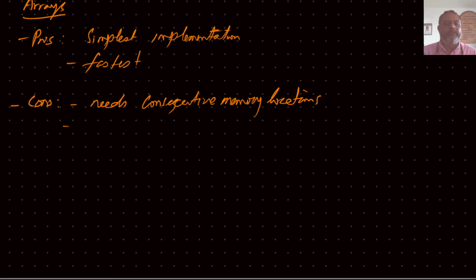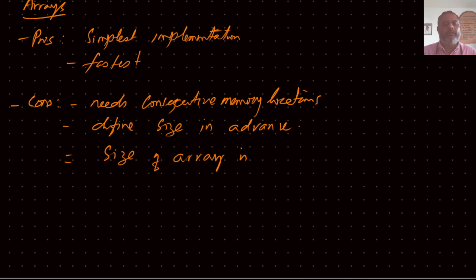Second thing is we need to define size in advance. That means the size of the array is fixed. So that's what we call static allocation.